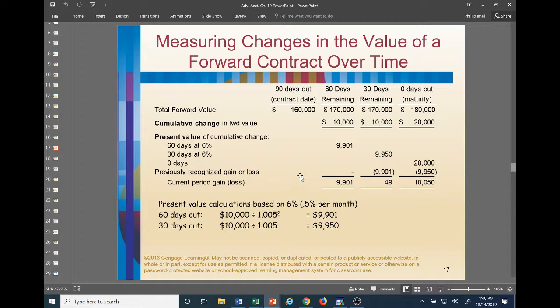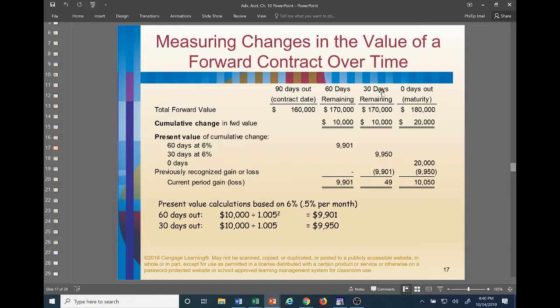The current period gain is going to be 9,901, because the previously recognized gain or loss was nil, since it was the inception of the contract. Therefore, this whole present value of cumulative change is going to be the current period gain.